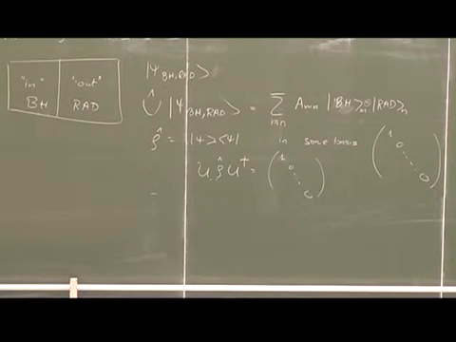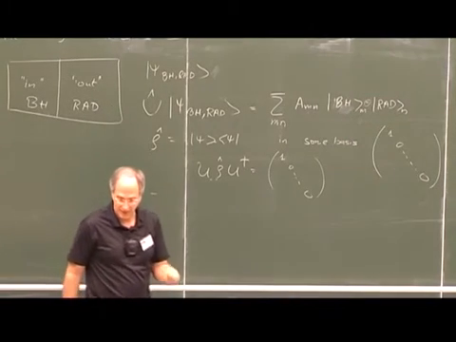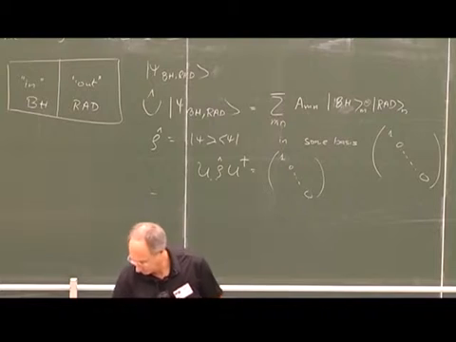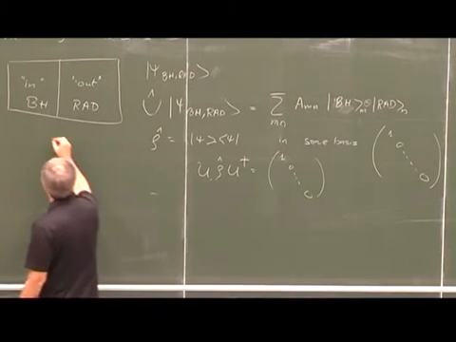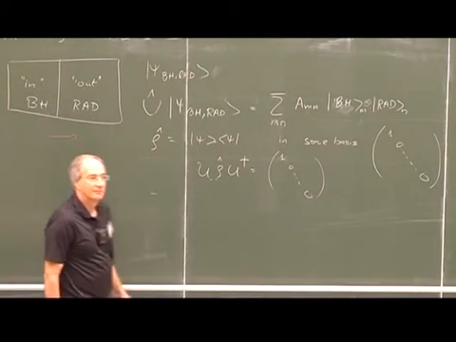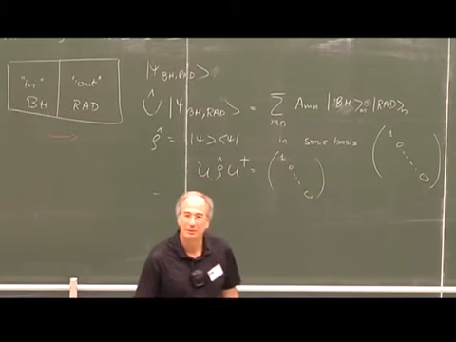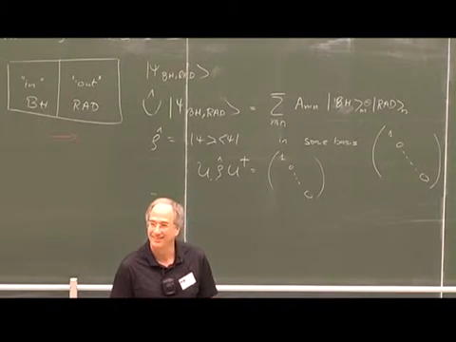There's one more ingredient that Page included in his model, and this is the fact that this division between the in and the out can move. And why is that? Maybe somebody has an idea.